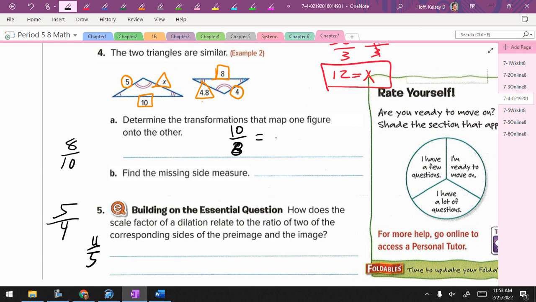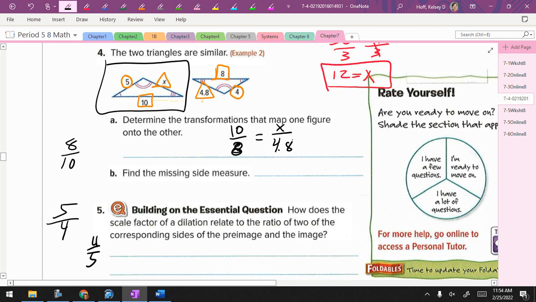So now I'm going to find x. Should x go in the numerator, the denominator, and why? Very good. X is in the same triangle as 10. 10 is in the numerator, so x needs to go in the numerator. What matches up with x? 4.8. On your own, cross multiply. See what you get for x.